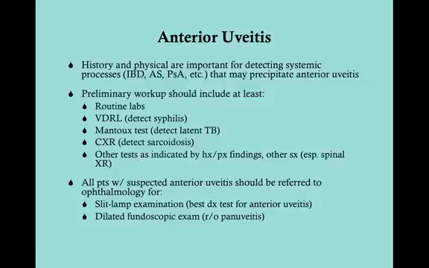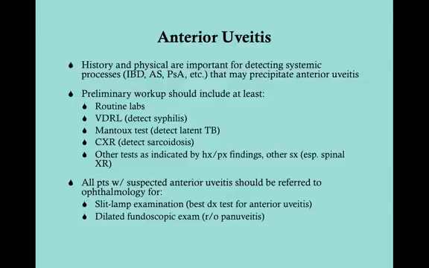So when you're coming to a diagnosis, the history and physical are going to be important because some of the processes that lead to anterior uveitis are systemic, like inflammatory bowel disease, where the patient may complain of abnormal bowel habits, diarrhea, blood in the stool; ankylosing spondylitis, where the patient may complain of stiffness in the back; and psoriatic arthritis, where you have recurrent skin lesions.